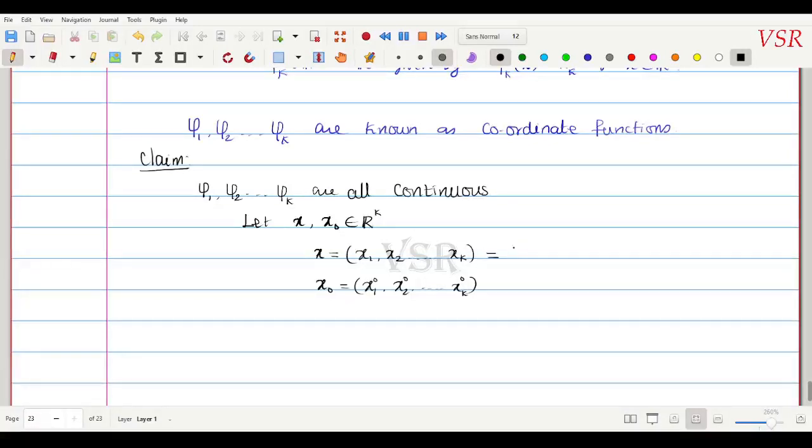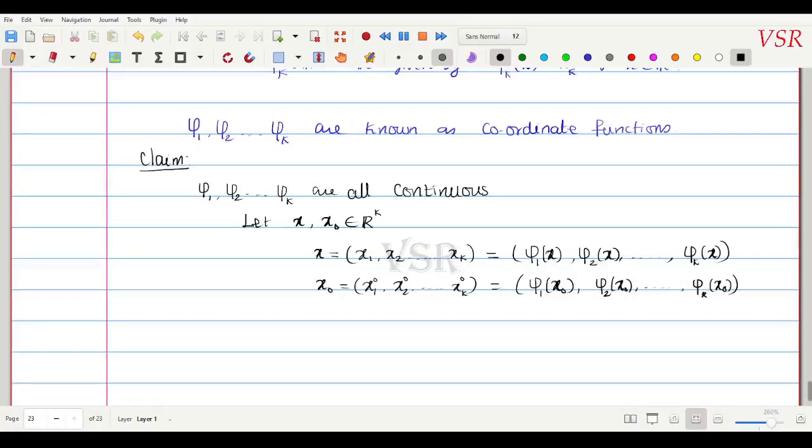I may write this is equal to phi 1 of x, phi 2 of x. இந்த x2 பதிலா என்ன அப்படின்னா phi 2 of x. Okay, comma ..., phi k of x அப்படின்னு எழுதலாம். Okay, அதே மாதிரி இங்க என்ன எழுதுவீங்க அப்படின்னா this is phi 1 of x naught, phi 2 of x naught, ..., phi k of x naught.